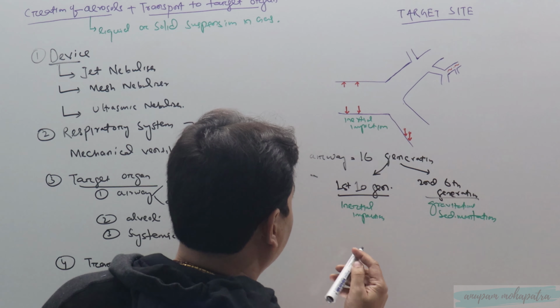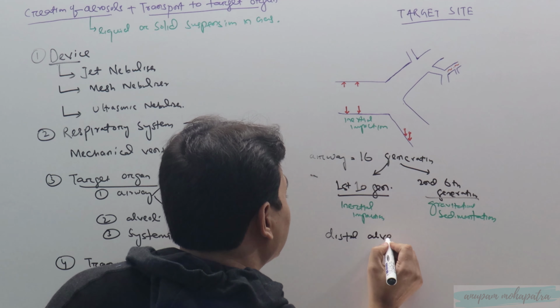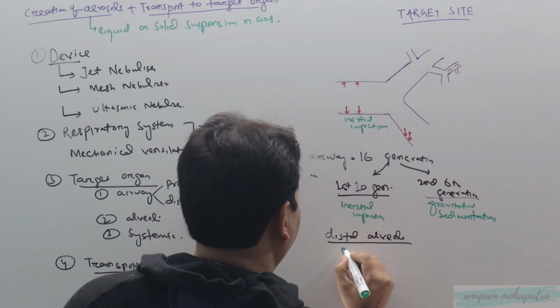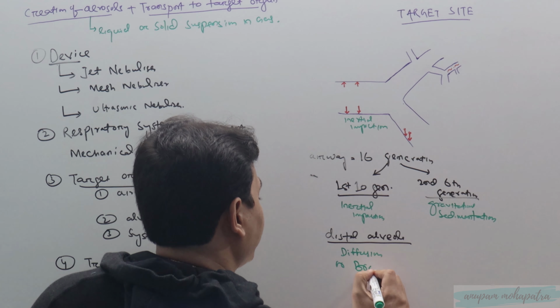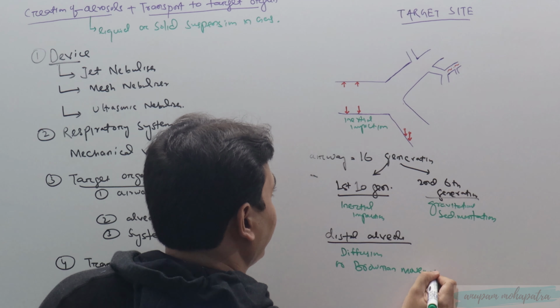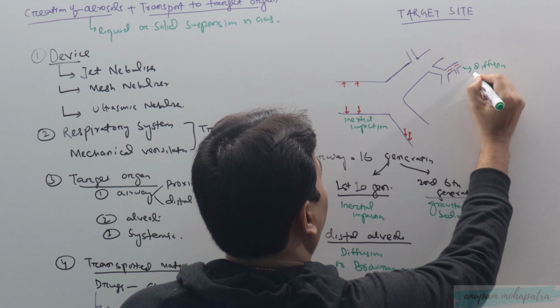Then what happens to the distal alveoli? So this is the major mechanism how aerosol is delivered. This is by diffusion or Brownian movement. So this is diffusion, right?